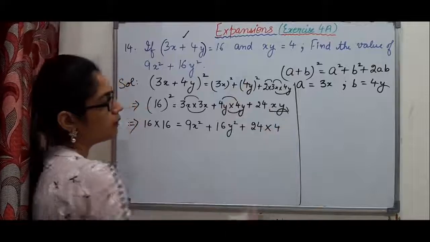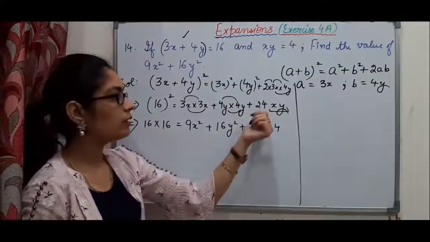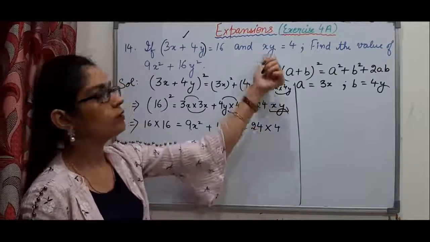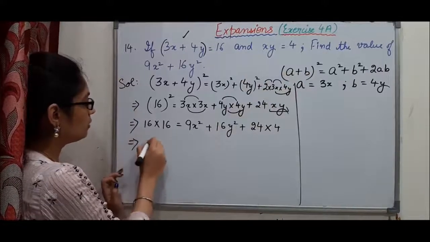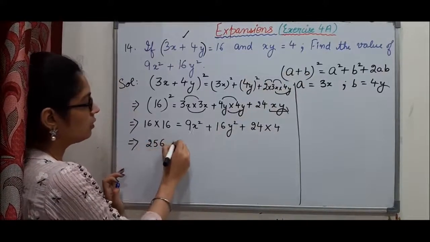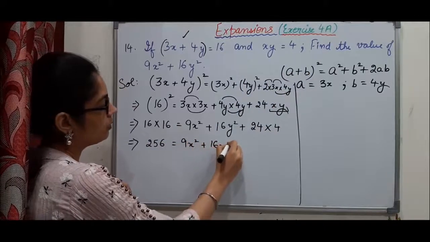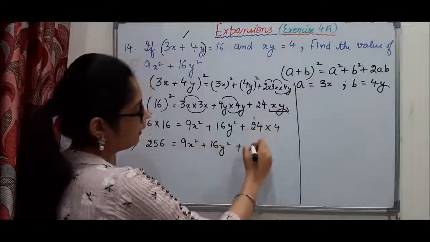This xy, when it is written next to 24 without any sign in between, that means it is getting multiplied with 24. So 24 into 4, because the value of xy is 4. 16 into 16 is 256. 9x square plus 16y square plus 24 into 4, 96.